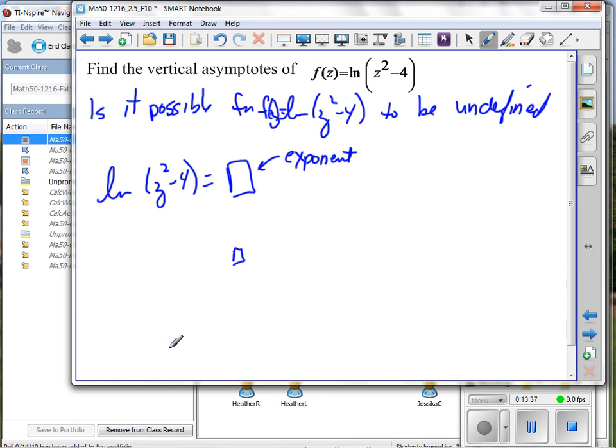It has to be attached to what? And what's the base? For a natural log, e. Okay. And so we're saying e to what power equals what? Z squared minus 4. So we need to find out, is it possible for this function to be undefined? What would make the natural log undefined? That's what we're looking for here.